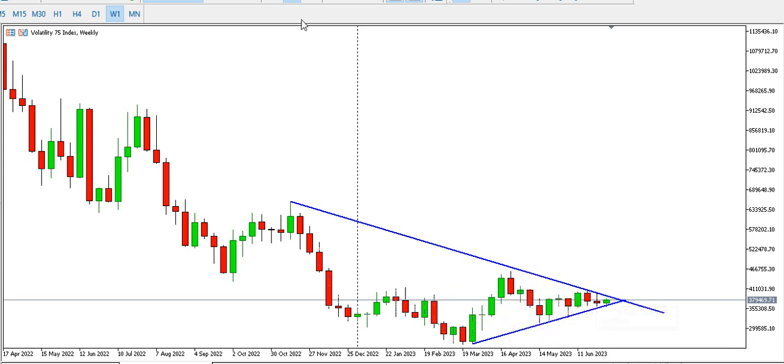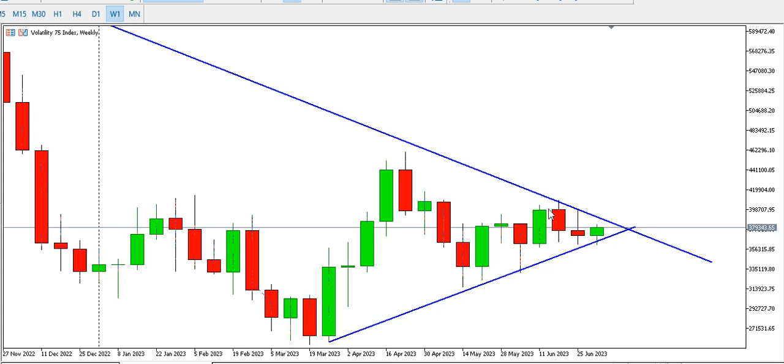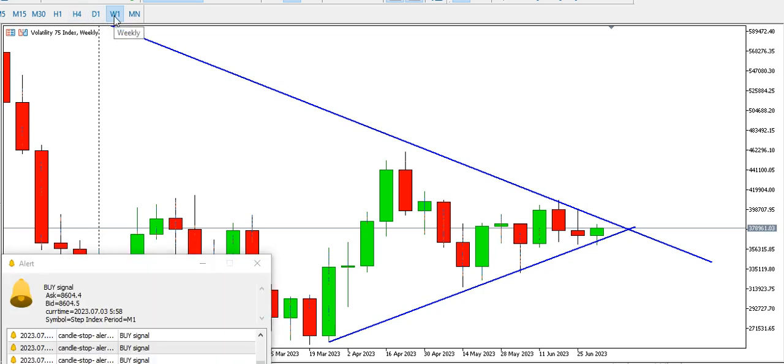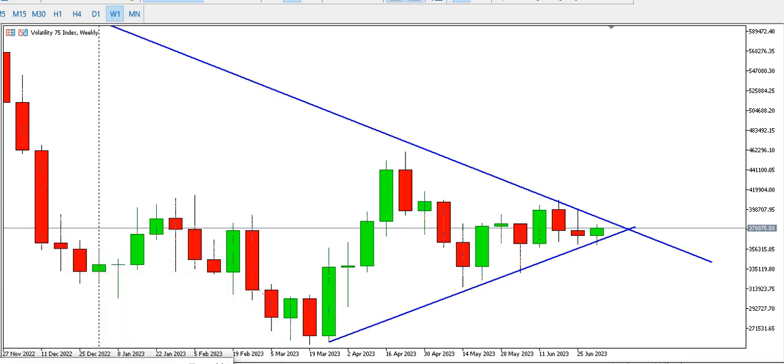But for now, the range is still in progress. Price might likely get to this tipping point to drop or get to this point to rise, but for now it's ranging, and I'm sure range traders will be booking a lot of profits as price continues to range for weeks.